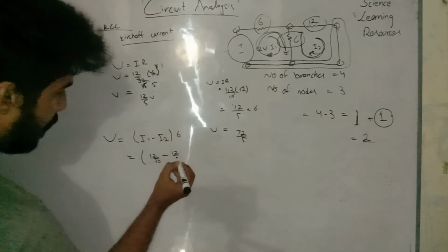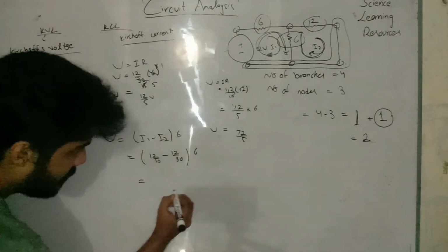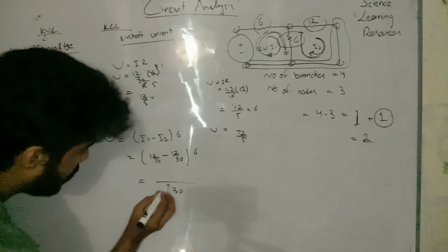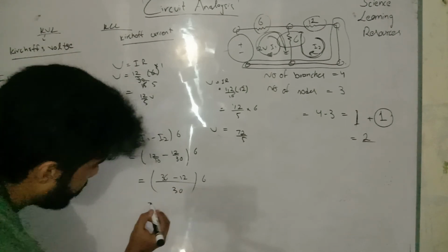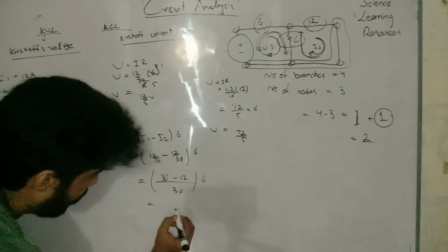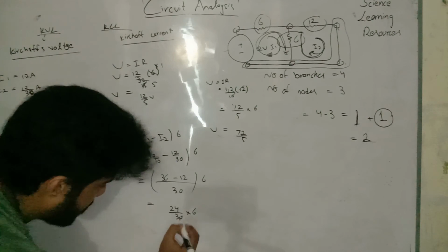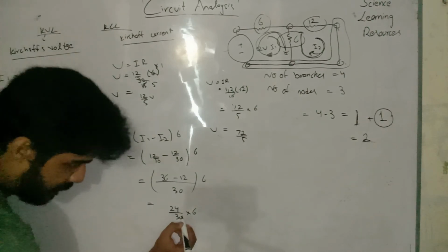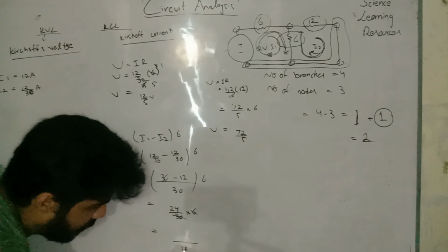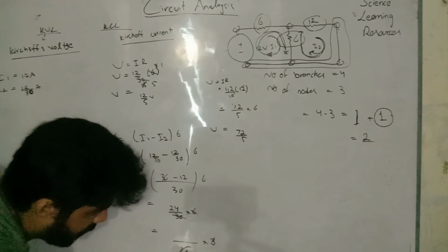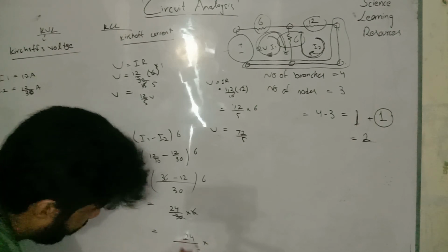It was 12 over 30, and here is 6. So by solving it, 36 minus 12, 24 over 30 multiplied by 6. Let me solve it further. 2 15s are 30, 2 3s are 6 and 3 5s are 15. So 24 over 5 volts.